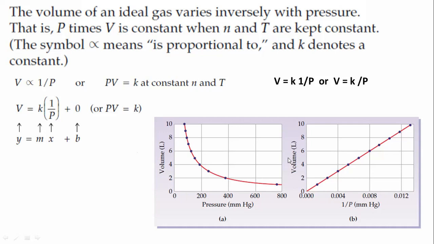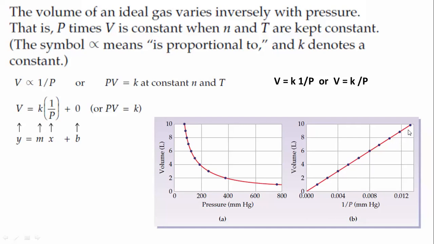When you plot a graph between the volume and 1 over P, you have a straight line, because it follows the straight line equation. And it is passing through the origin because it has a zero intercept, that is, y equals mx plus zero intercept. That's why it is passing through the origin.